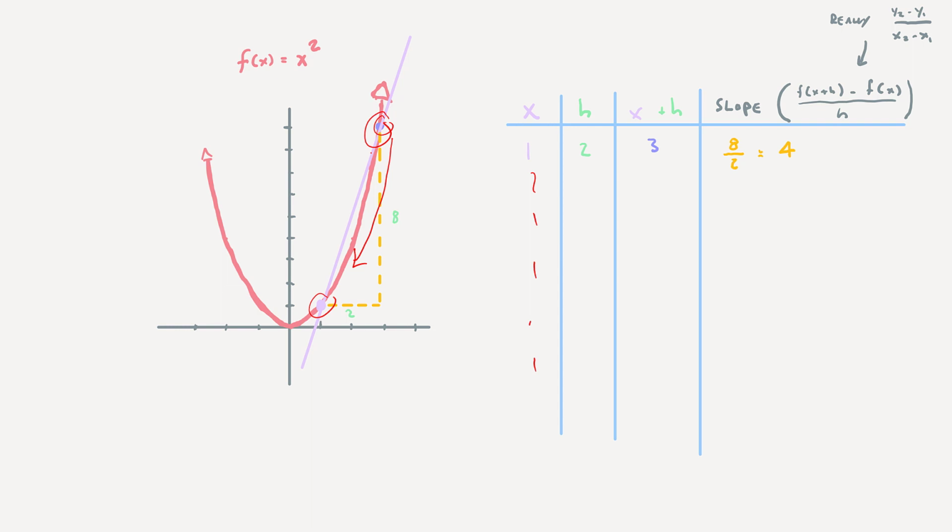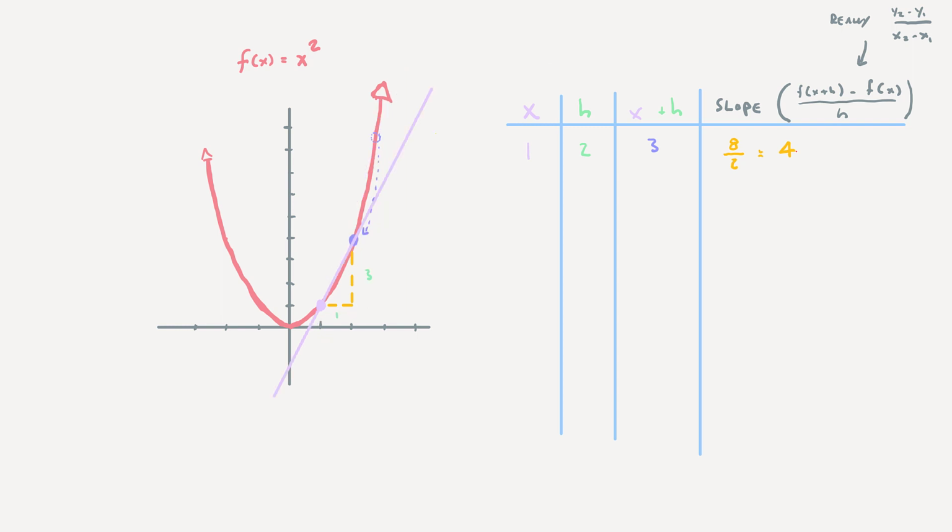X plus H in this case is 3, so 3 minus 1, that's our denominator, that's 2. And then our numerator would be 9 minus 1, which is 8, so we get an average rate of change for this thing as 4. Again, I even put it on here, right? X1 is like our X, and X2 is like our X plus H.